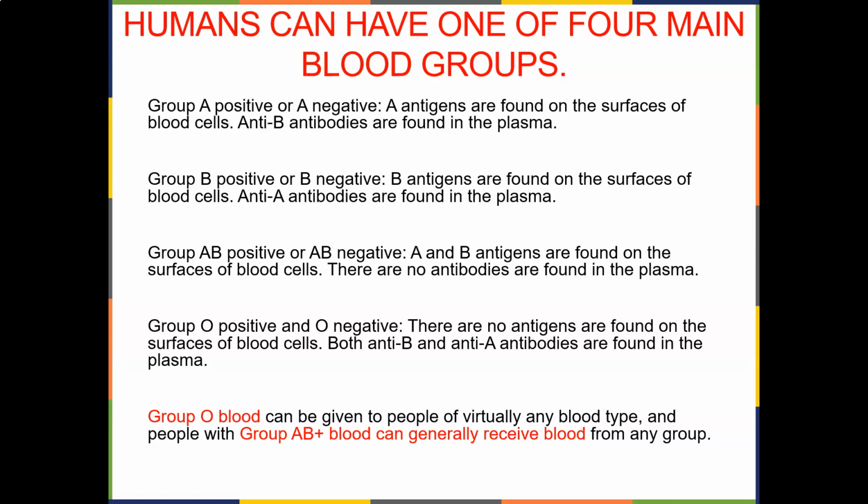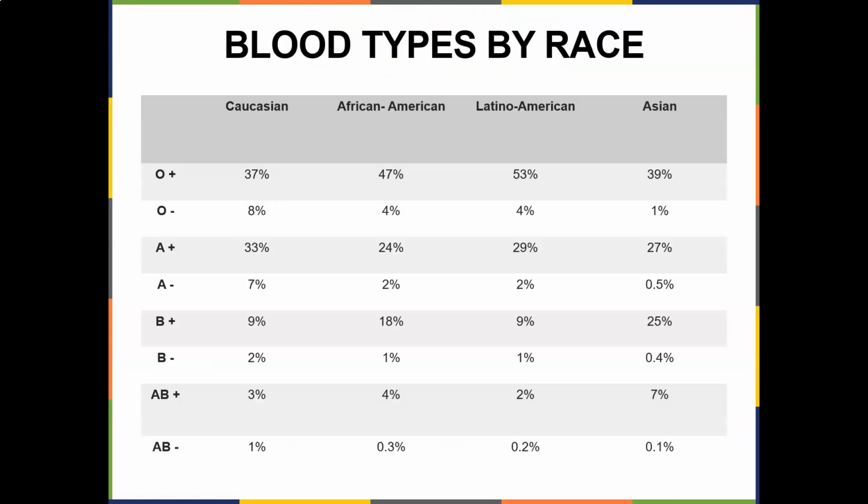So they can't get blood from A, B, or AB, and can only receive blood from O. But because they don't have any antigens, they can basically donate to A, B, or AB. So group O can be given to virtually any blood type, and group AB positive can generally receive blood from any group.